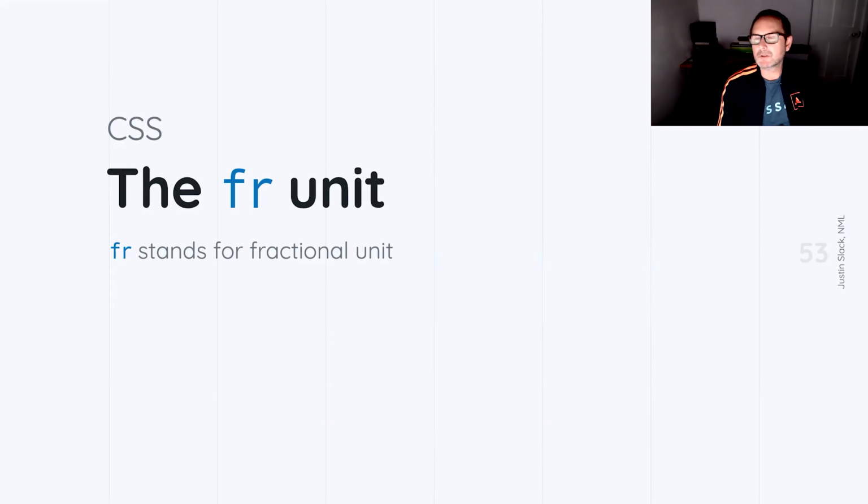Okay, it will only work on grid, and it will only work to lay out our grid itself, so for sizing our columns and rows. So it's a flexible length unit. It's specific to grid layout, and it can't be combined with ordinary units via calc. So we can't do something like calc 1FR minus 2EM. Okay, that's not going to happen.